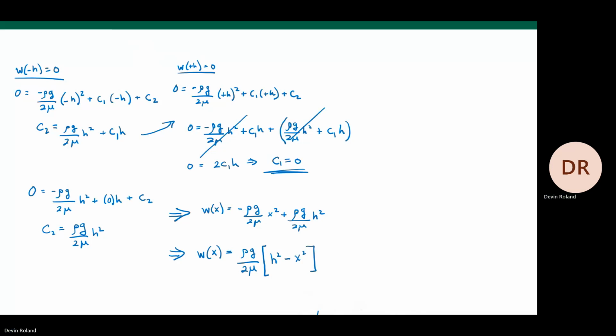There we go. That is the final answer. That is the velocity profile in the z direction that varies solely with respect to x.